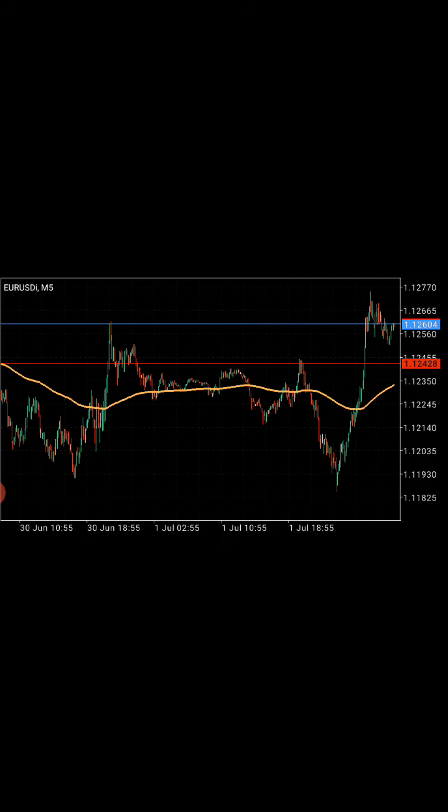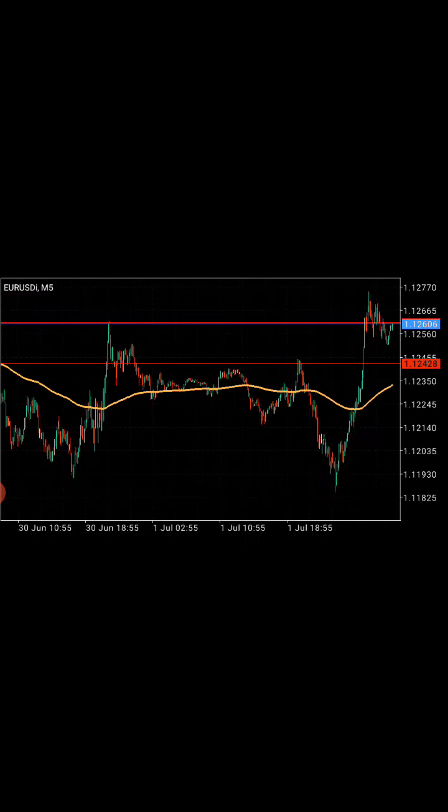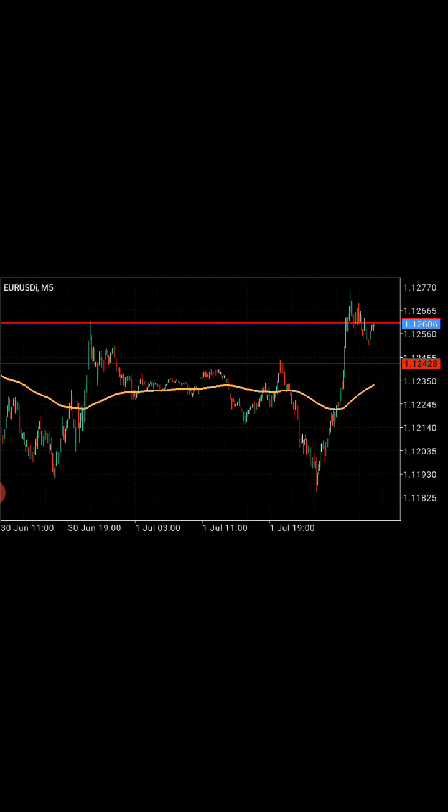That yellow exponential moving average is called a 200 moving average, and it gets its data from the last 200 candles. That's what I meant to say. The last 200 candles make this line.